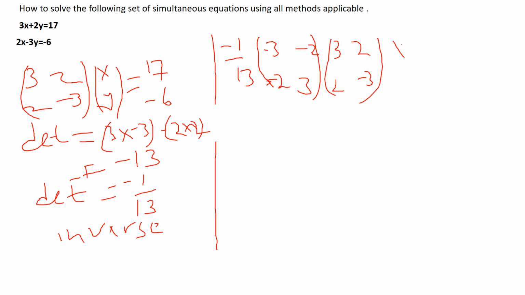And here we have the value of x and y, which we want to get.